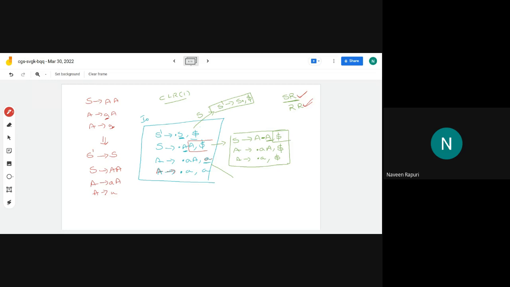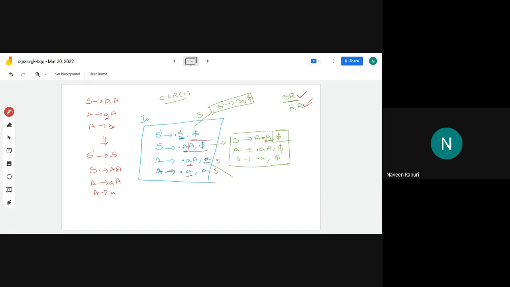If we see on I naught, here it is a goto because of capital S. It is also a goto because of capital A. It is a shift. Shift is not a problem, sir. And here it is the accepted state, because there is no shift and there is no reduce.